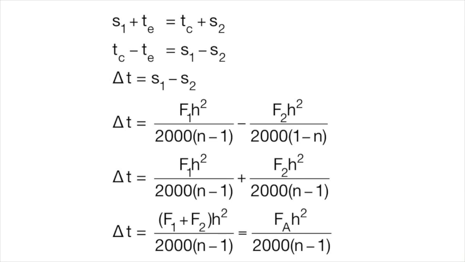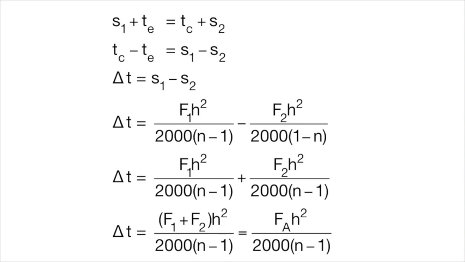Well, now we've got two identical denominators, so we can combine the numerators in that equation, and we end up with (F1 plus F2) h squared divided by 2000(n minus 1). But of course, F1 plus F2, the sum of the two surface powers, is just the approximate power of the lens.